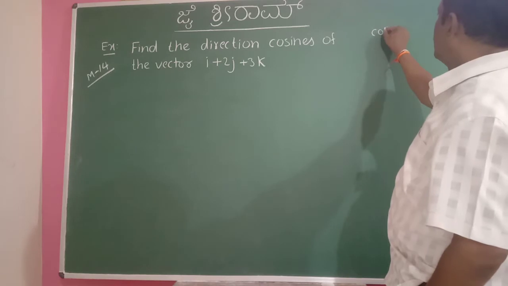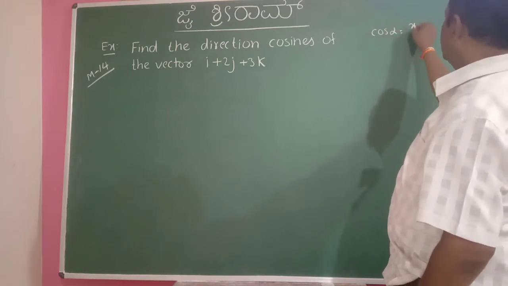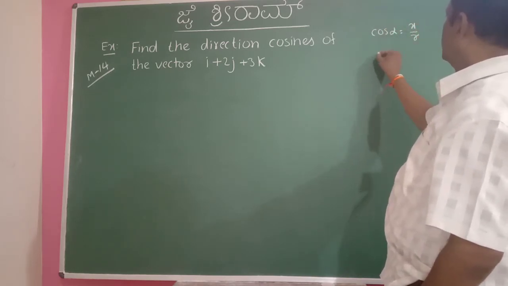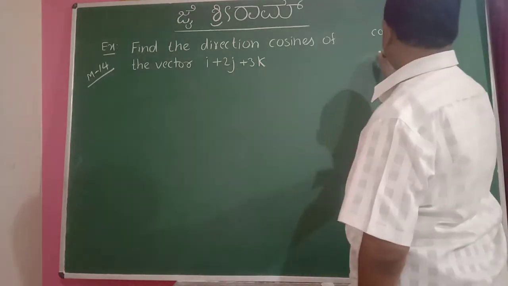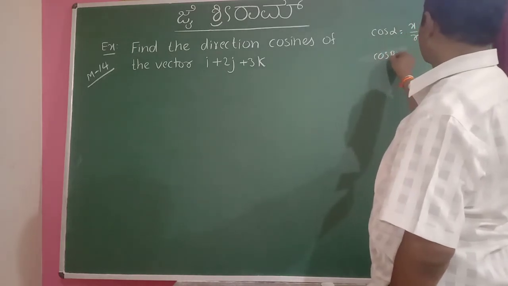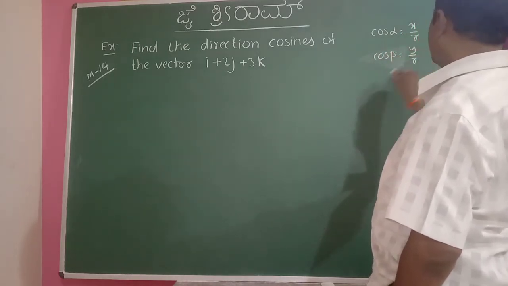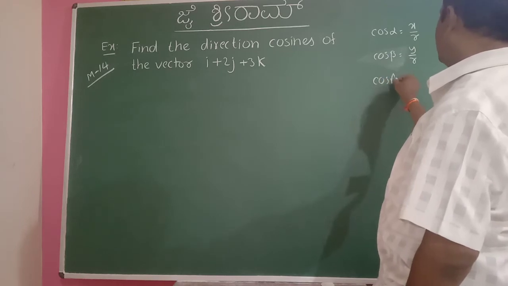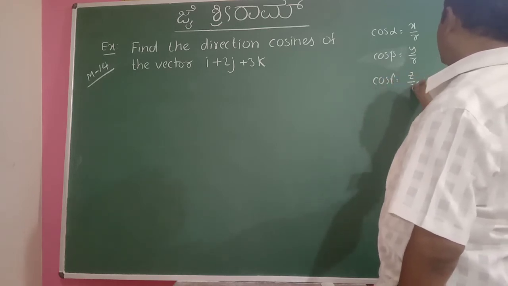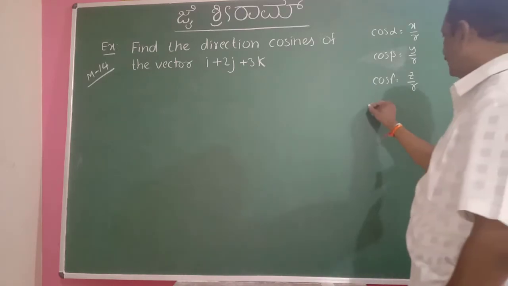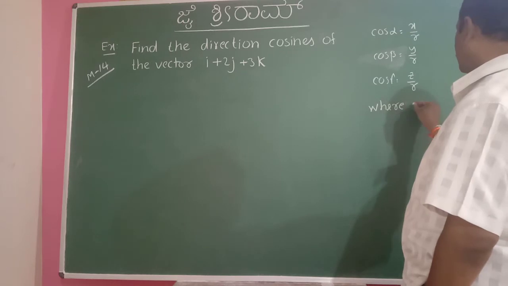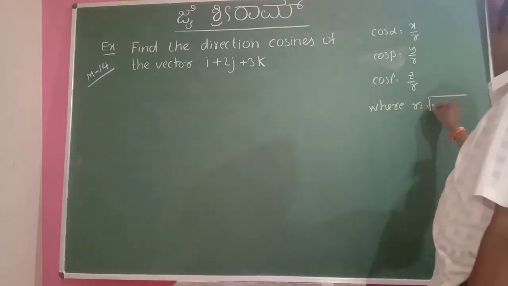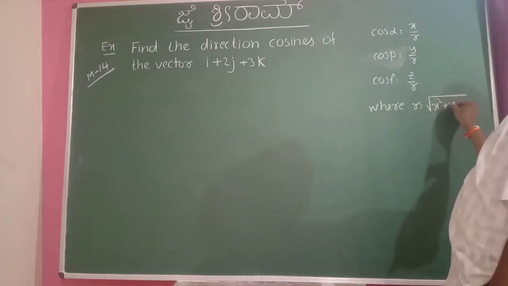Therefore cos alpha is x divided by r, cos beta is y divided by r, and cos gamma is z divided by r, where r is equal to root of x squared plus y squared plus z squared.